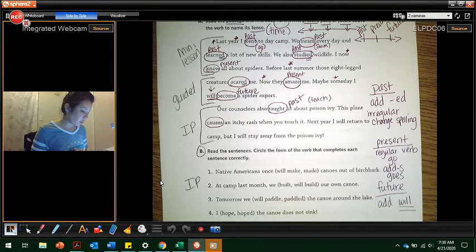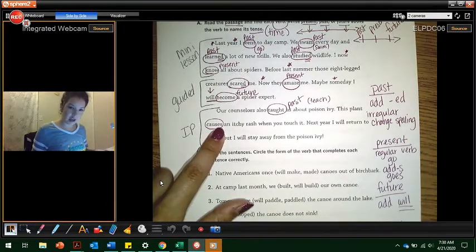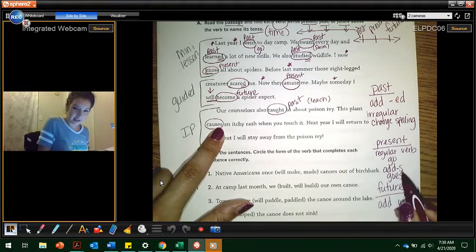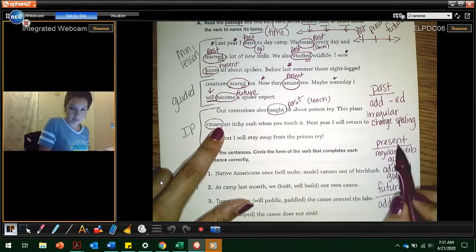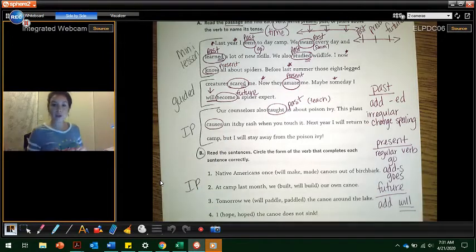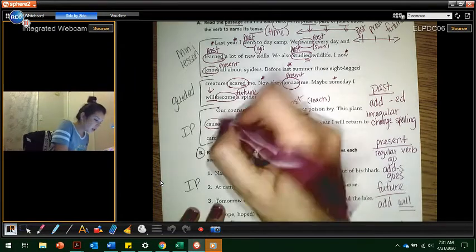Now, look at that ending that it has. What does it end with? S. That means what? Present. How else do we know it's present? Well, it says this plant causes an itchy rash. That means the plant always does that, right? It's happening in the present. It can do that today. So it is present tense.